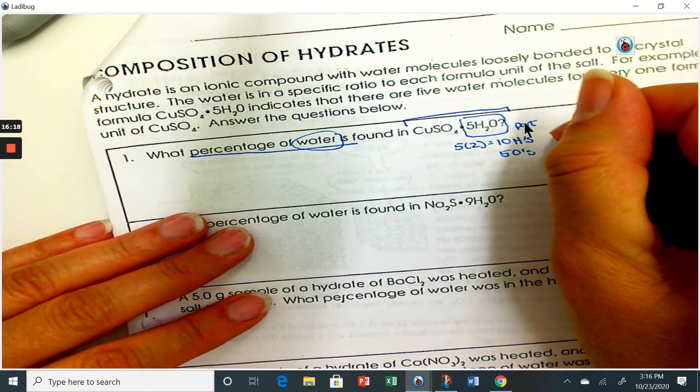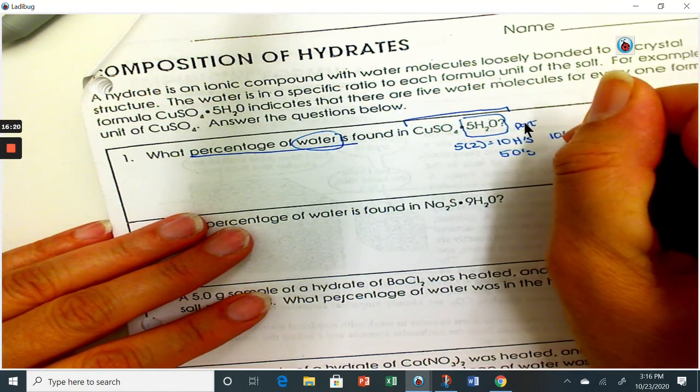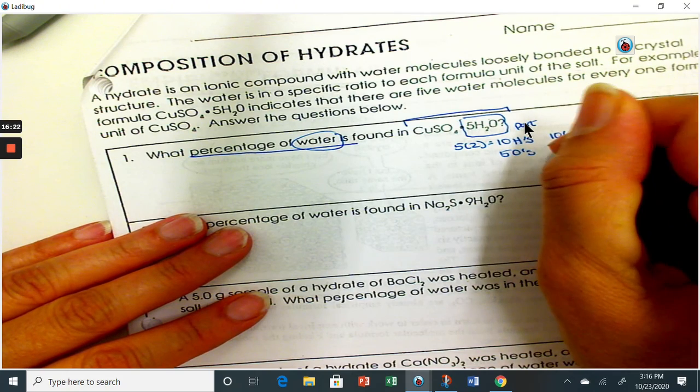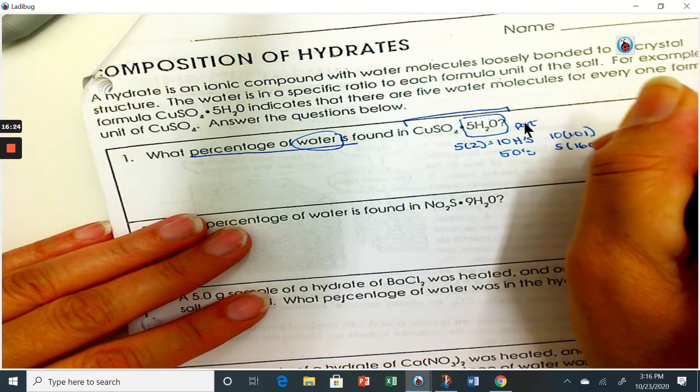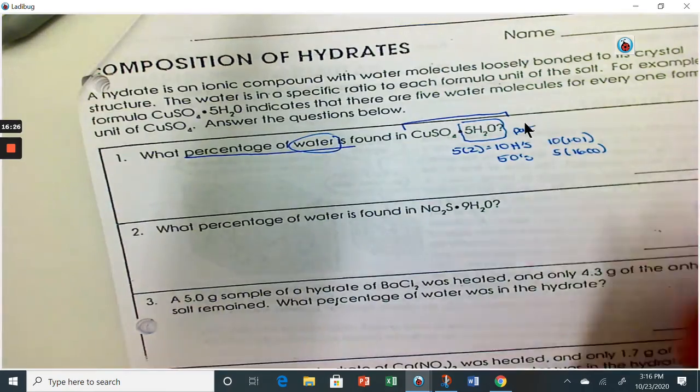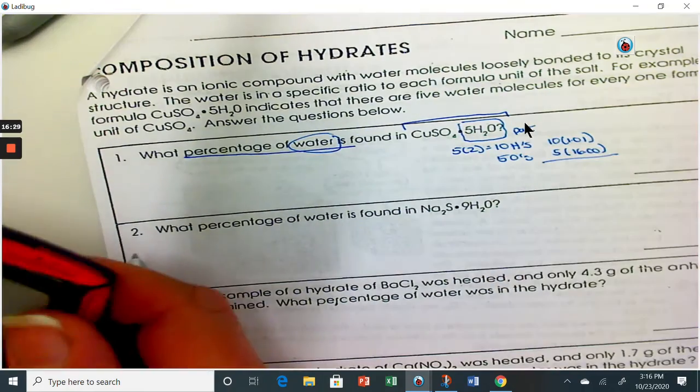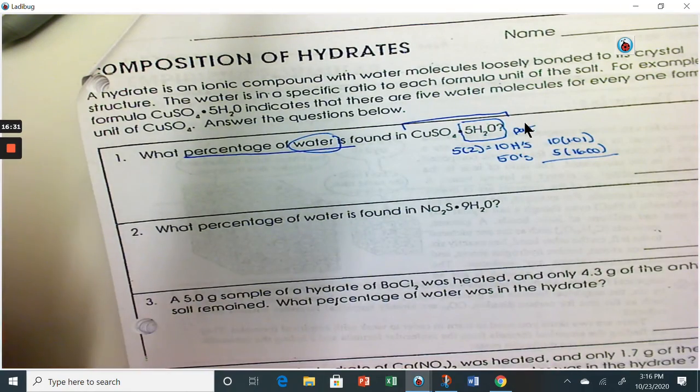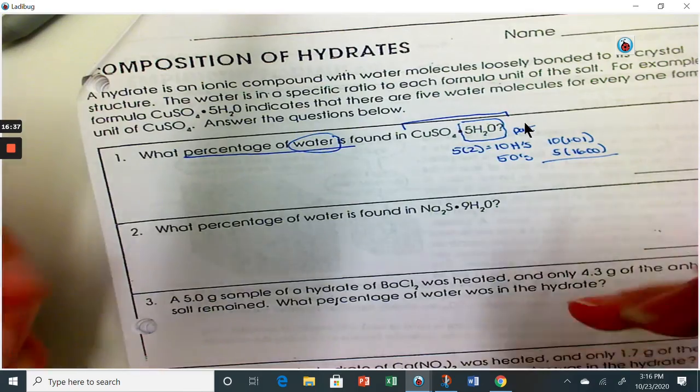Right? So that would be 10 times 1.01. 5 times 16. And you add it together. And I got 90.1 grams.